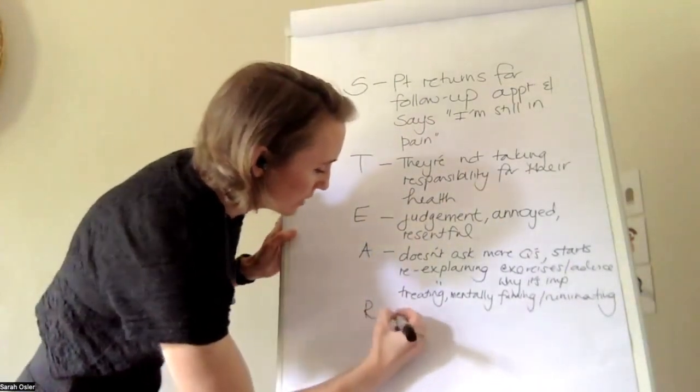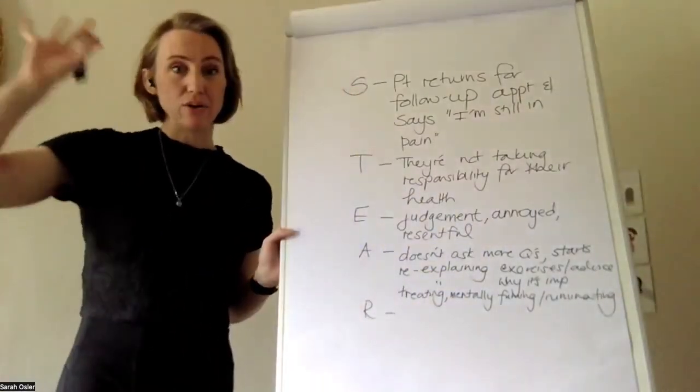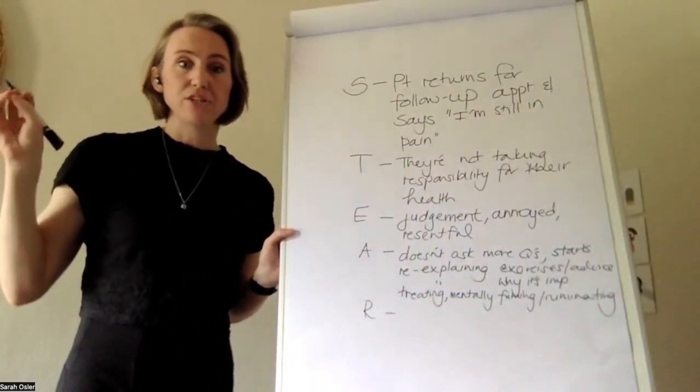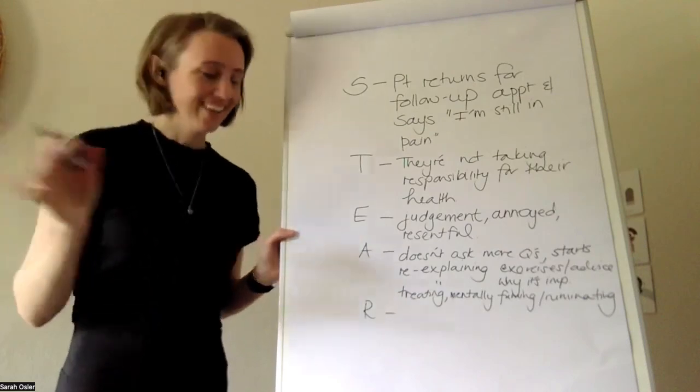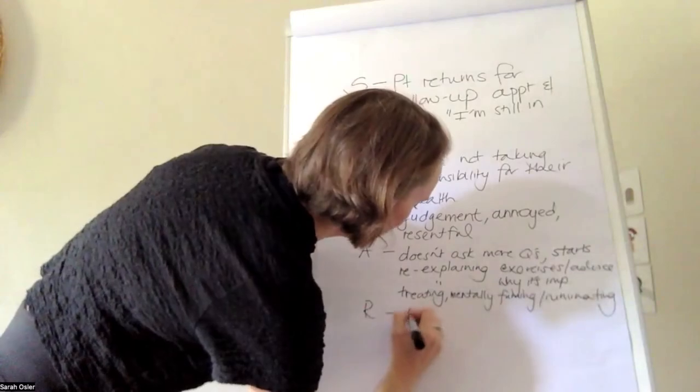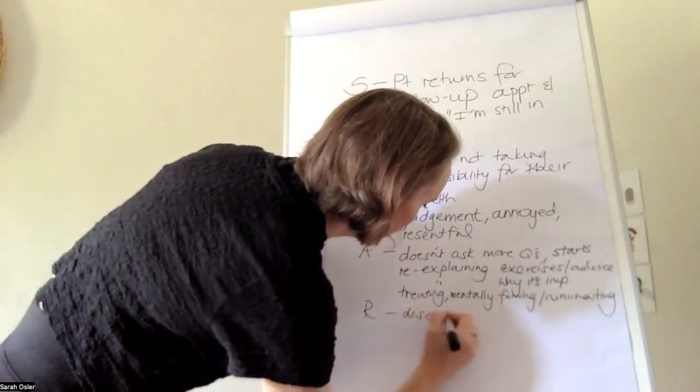And then the result is, because she's mentally in her own thing about, oh, patients are so frustrating, they don't take responsibility for their health, I'm doing so much, etc., there's disconnect again from the patients.